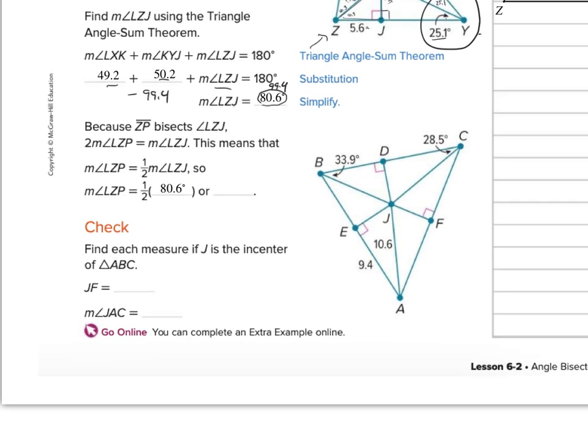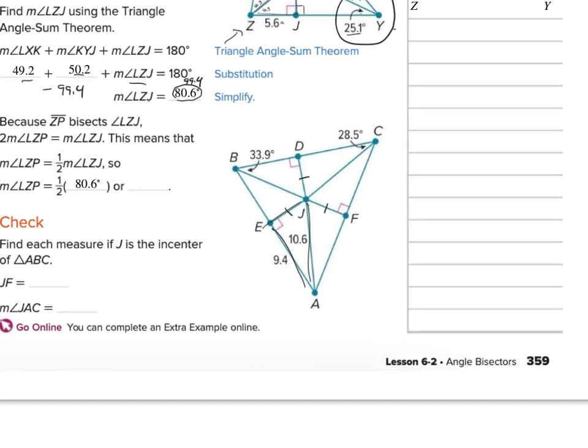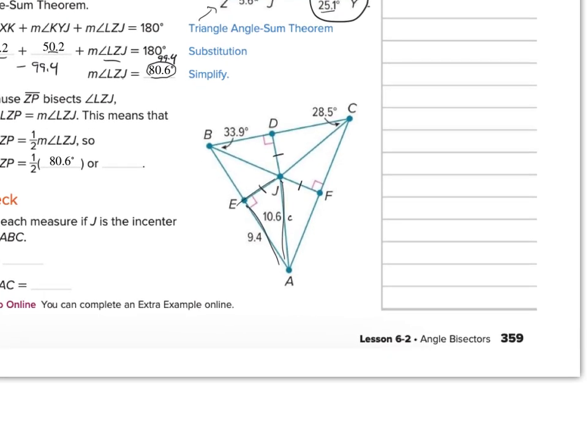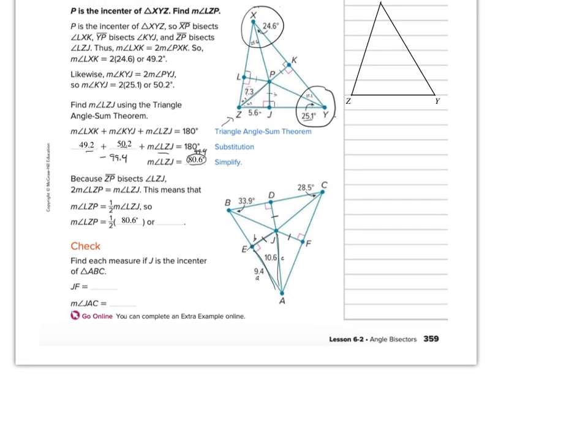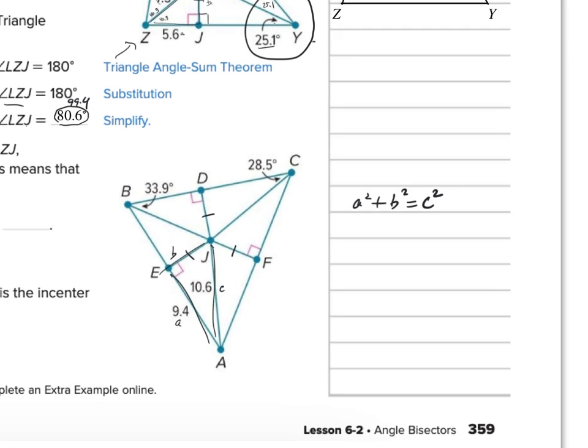Here, find JF. Okay, I'm looking for this value, and I know I can find that value using this triangle, because I have two sides of my right triangle. This would be my hypotenuse C. I could call this A and this B. So in order to find B, A squared plus B squared is equal to C squared.